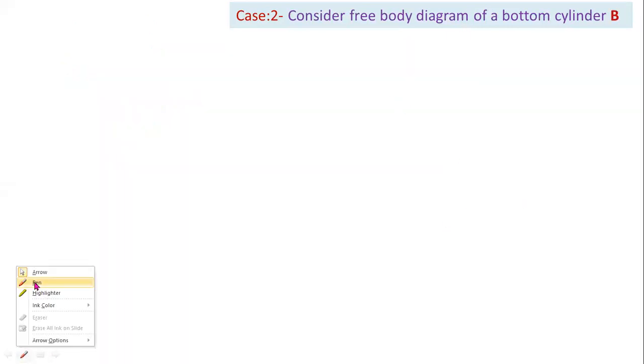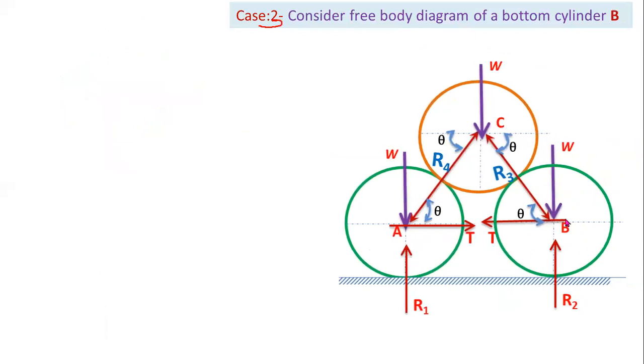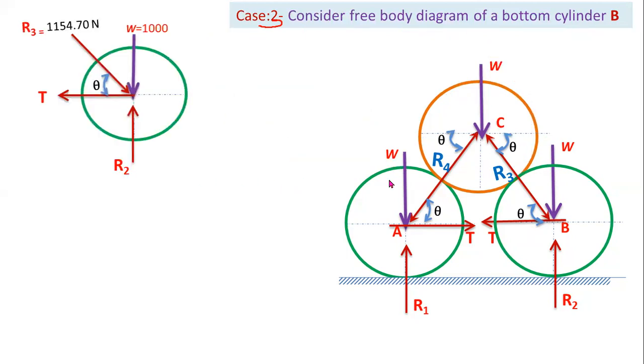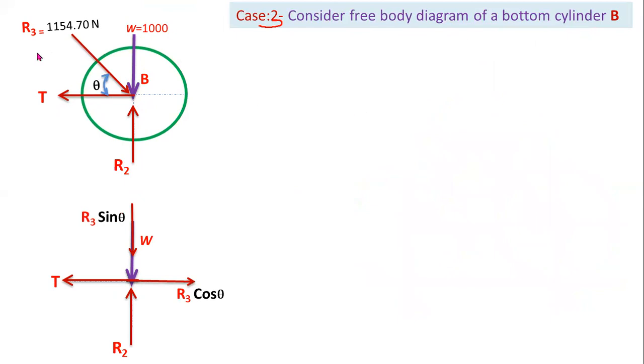Now let's consider the free body diagram of cylinder B. Here also there are 4 forces: R2, W, tension T and R3. Before going to the answer, first of all you have to convert this reaction force R3 into horizontal and vertical components.